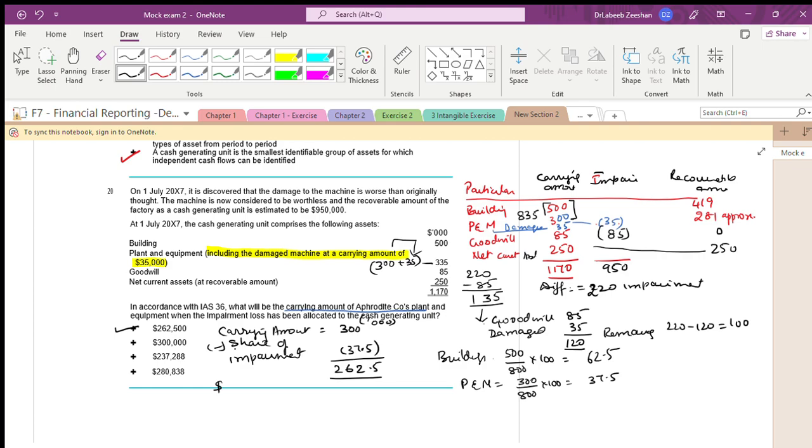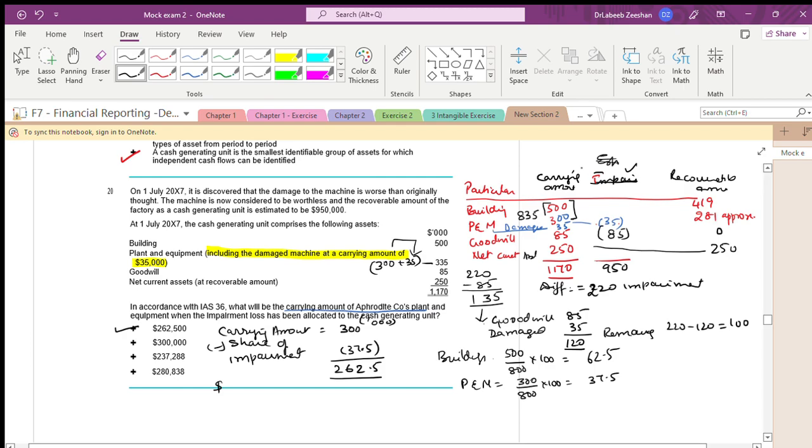Now, how much is the carrying amount total? 1170. The recoverable amount they estimated is 950. Now, how much is the difference? 220.